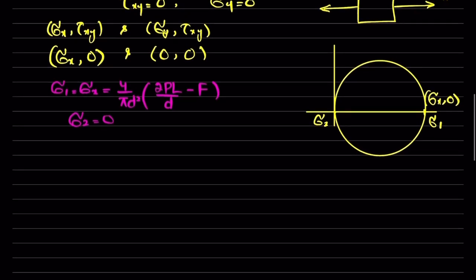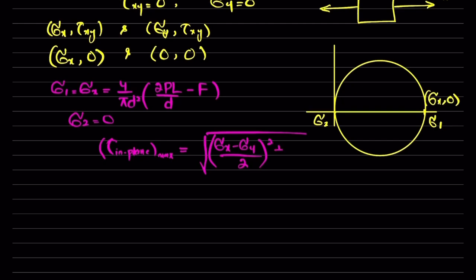Now we will find the maximum in plane shear stress. So in plane, maximum in plane shear stress is given by formula, that is sigma x minus sigma y divided by 2 whole square plus tau of xy square. So you can just put the value.